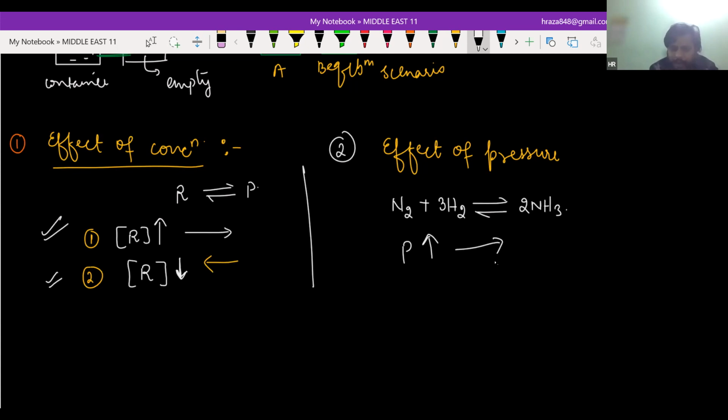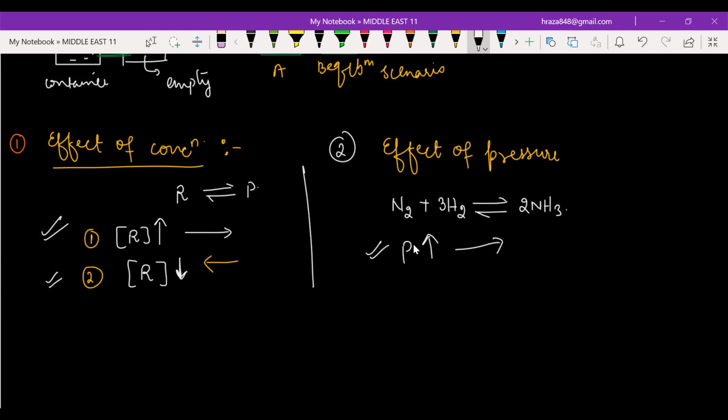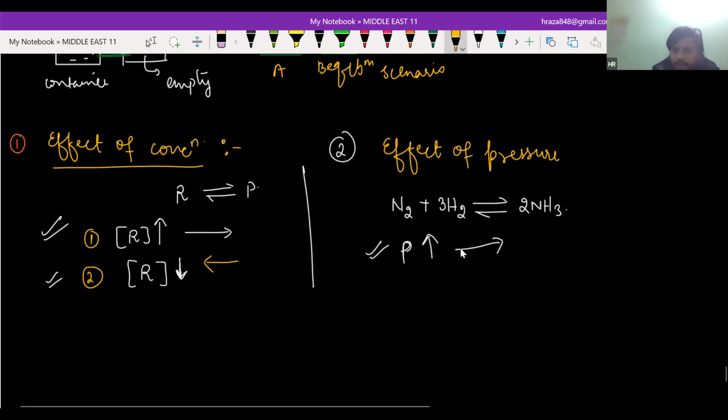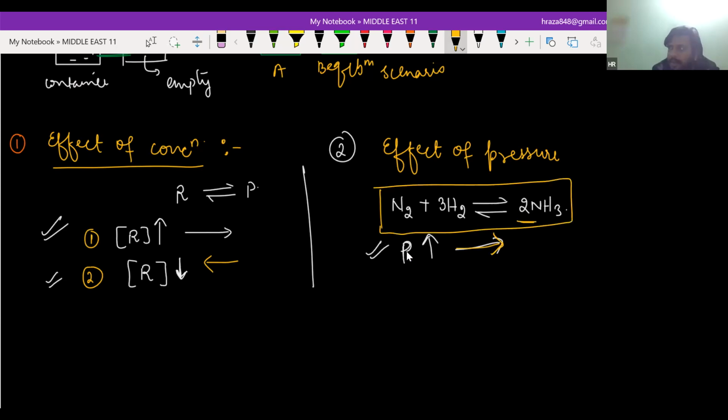Are you getting my point? Yes, sir. Pressure effect is like when you increase the pressure, it will move to the side where the number of moles is lesser. So if you have given this example and pressure is increased, then the reaction will move to the forward direction.